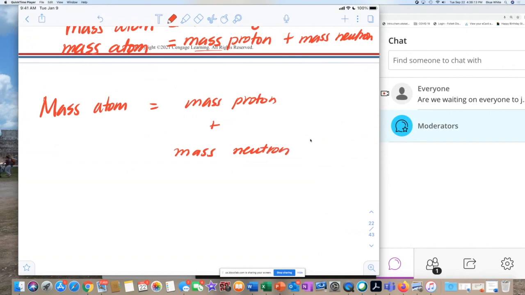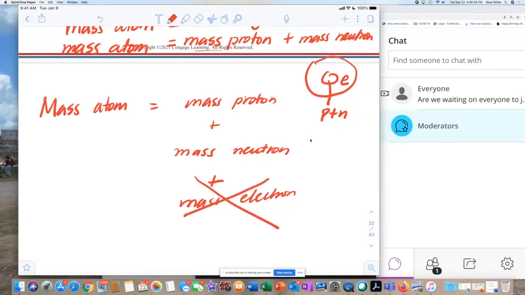And then I said, but don't forget, the atom has a nucleus that's proton plus neutron, and it has electrons. So one student says, this is on campus, and this is years ago, plus mass of electron, right? To get the mass of the whole atom. Like take the parts, add them together to get the whole. And I told her, well, we don't include the mass of the electron. She said, what? I said, yeah.